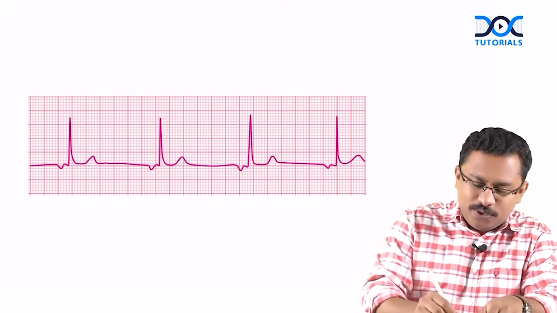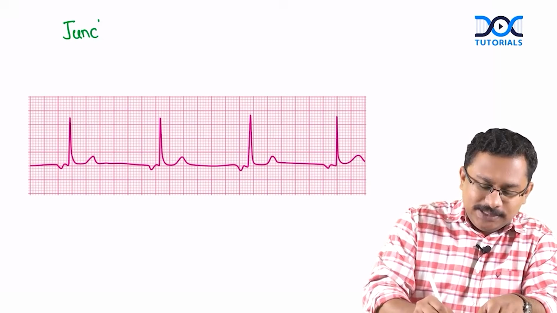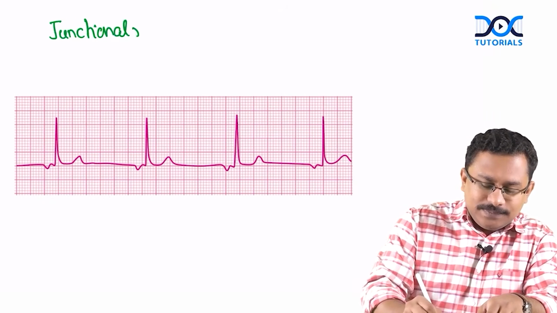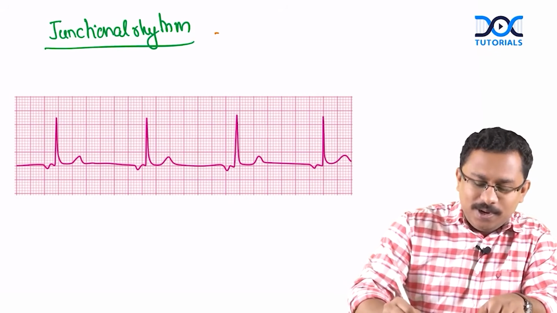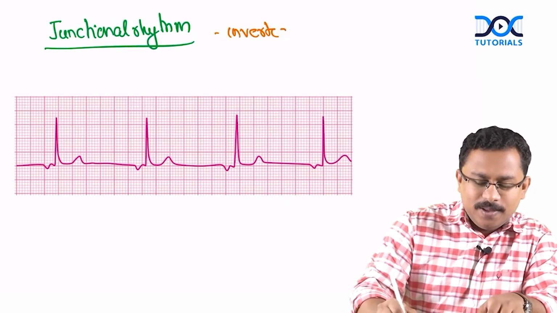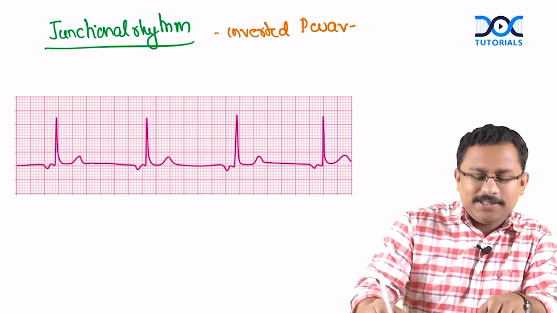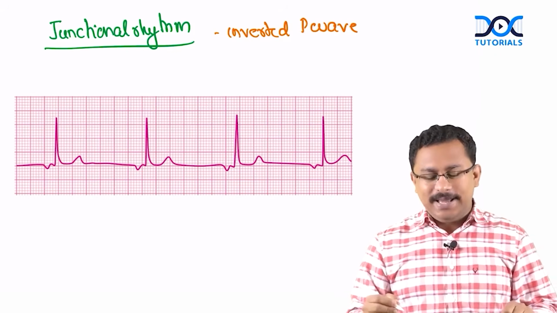So just let me show you the ECG of a junctional rhythm. In a junctional rhythm, you will have inverted P waves because of the retrograde conduction of impulse from the AV node to the atria.